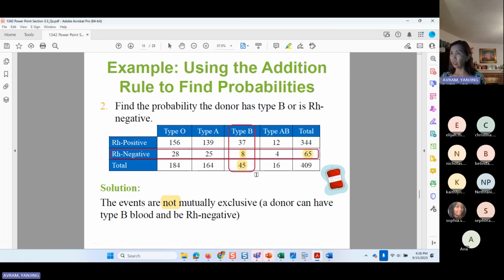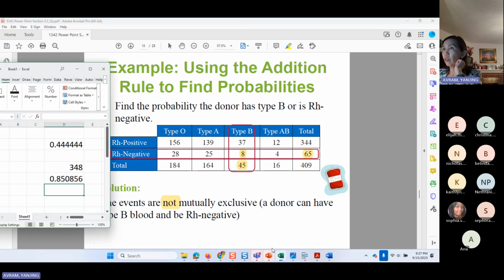So you count 8 twice. So if you add 65 and 45 together, you must minus 8 once, because this 8 was counted twice. So the way you calculate this one is 45 plus 65, right? But you need to minus 8 once. So that's 102. All right, so 102 divided by 409.